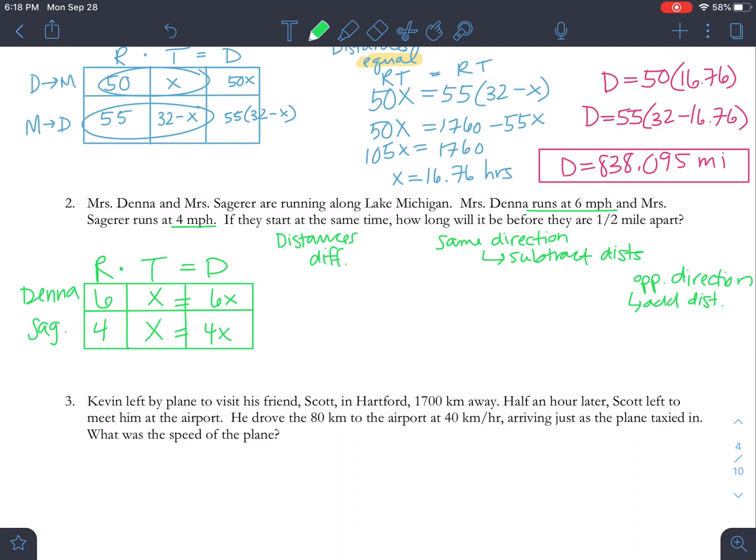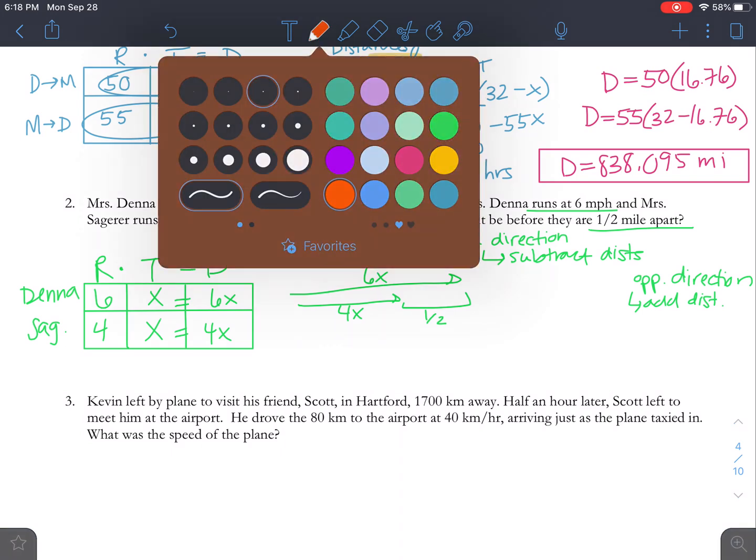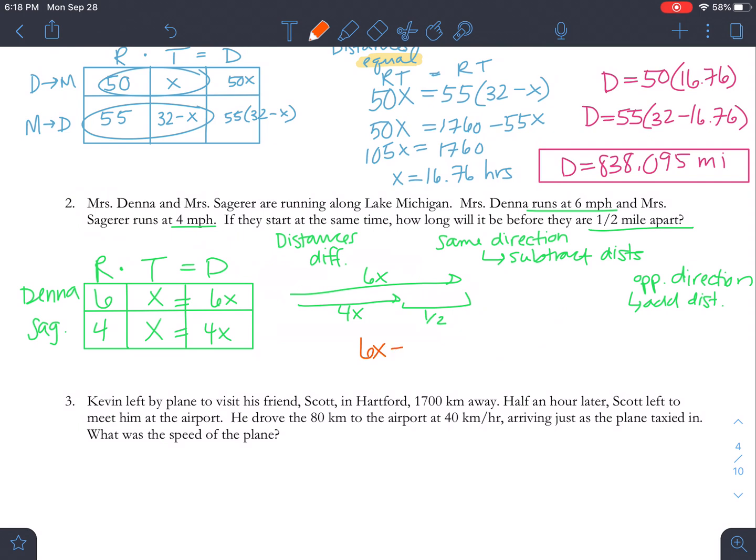And again, if she's running 6x and she's running 4x, and we want to know when are they a half mile apart, that's the ending here, okay? That's just going to be the equation. We just mentioned this. 6x minus 4x. Rate times time minus rate times time is equal to the distance apart. So equal to 1/2, or 0.5 you could say.